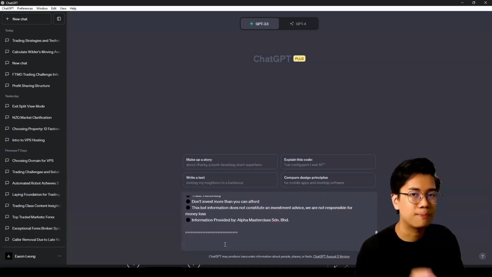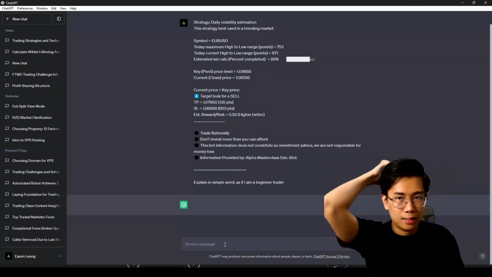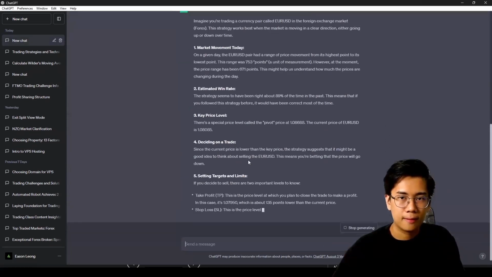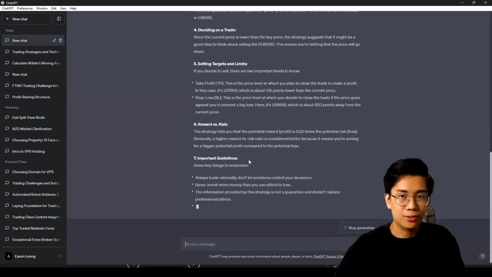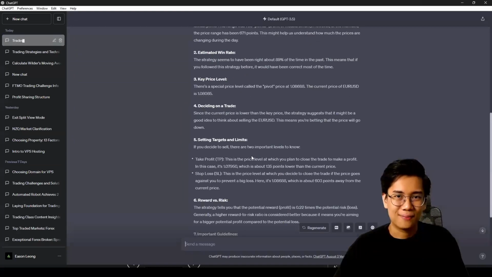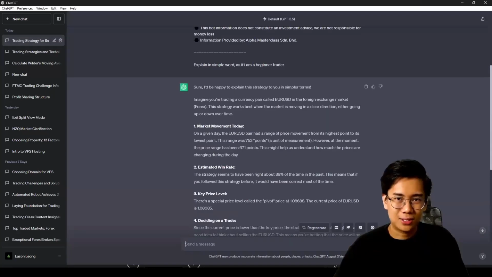For me, I would say a simple keyword: explain in simple words as if I am a beginner trader. And we just wait for the result. Voila. Now, usually ChatGPT will not give you trading advice, but right now you see, based on that market movement, it is given that Euro USD has a pair movement to a point.